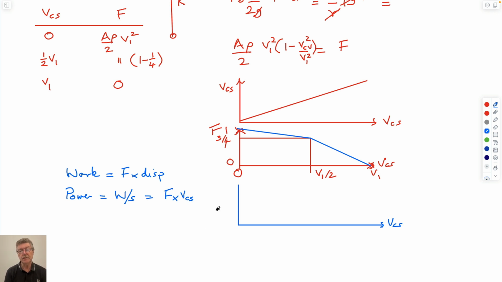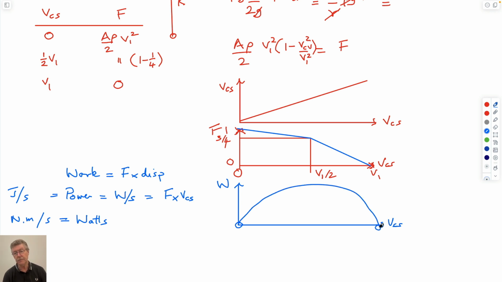So it's important because if we plot work, this is in watts, this is in joules, Newton meters per second, which are watts, after Mr. Watt. The product of velocity and force, if one of these terms is 0, then it's 0. And so the form of this curve is going to look something like that.